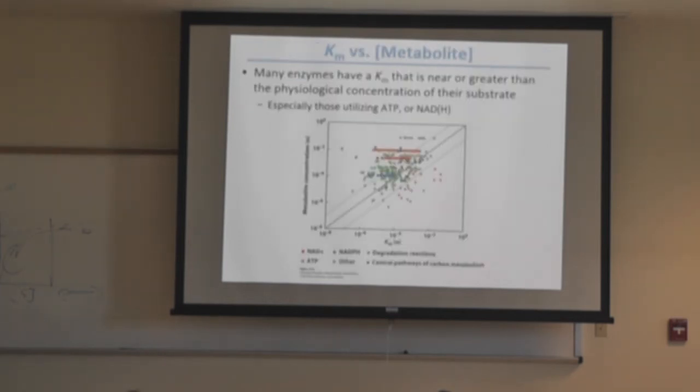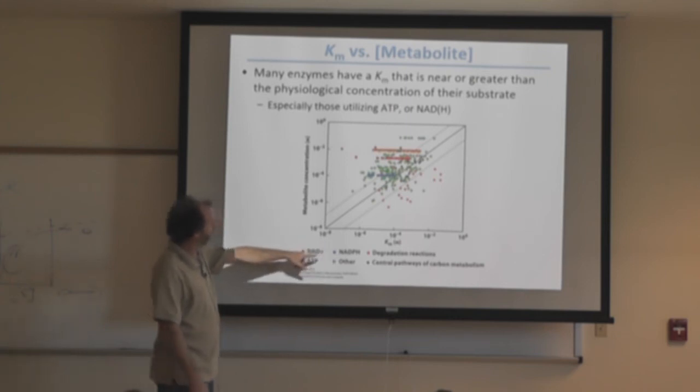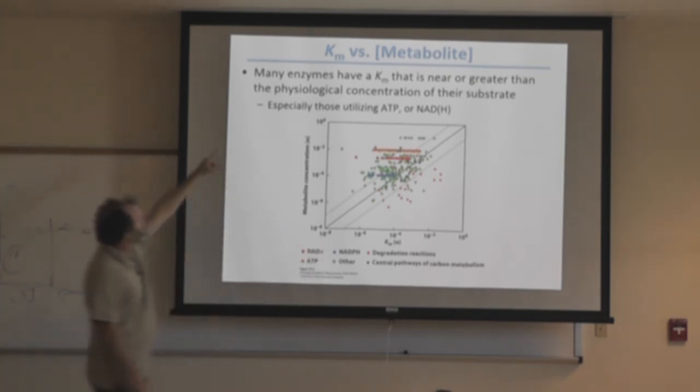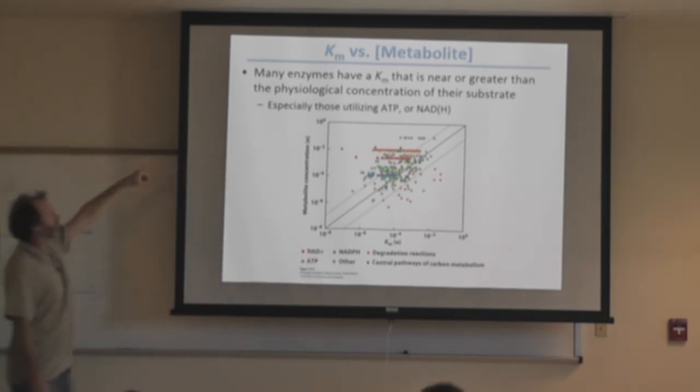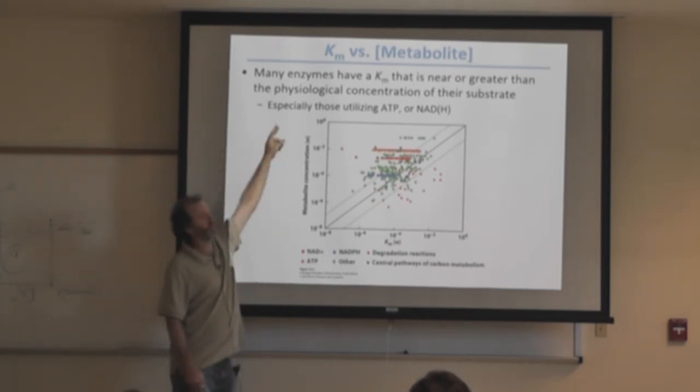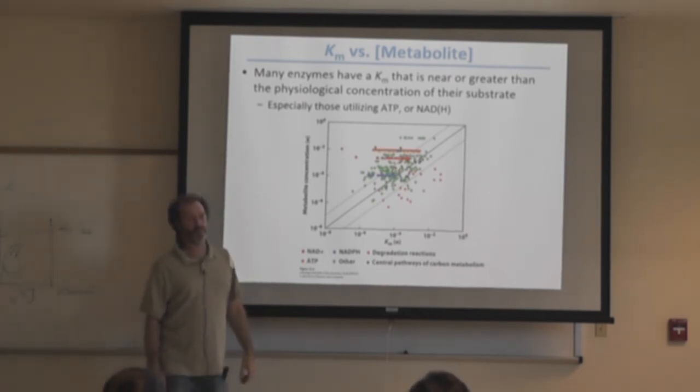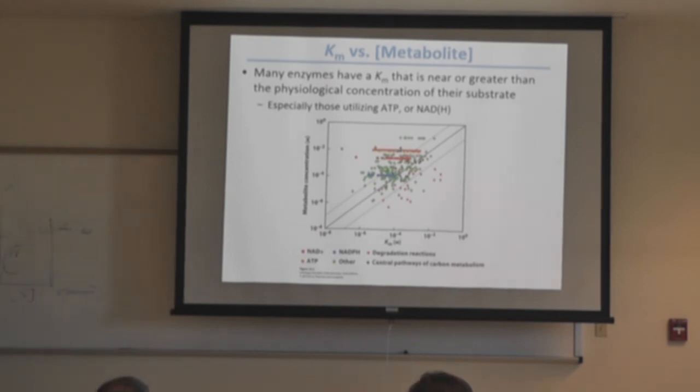But if you look at Km versus metabolite concentrations, we see here that many of the enzymes have a Km that's near or greater than the physiological concentration of their substrate. Why is that? Do you remember what Km equals? Where do we find the Km?